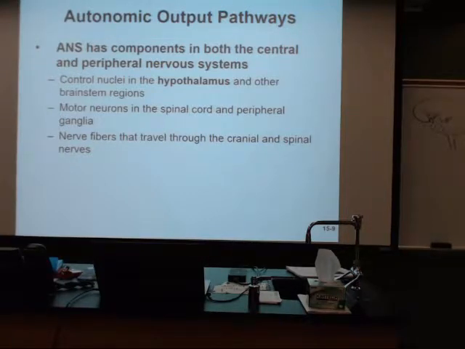Okay, I've just told you control nuclei, where they're found. I've mentioned the motor neurons in the spinal cord because it has to pass by way of spinal nerve. And then I'm going to have what's called peripheral ganglia.